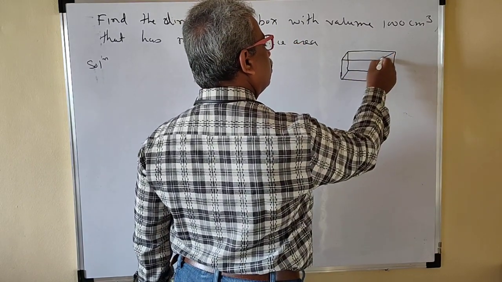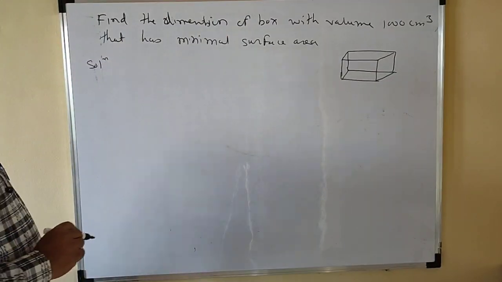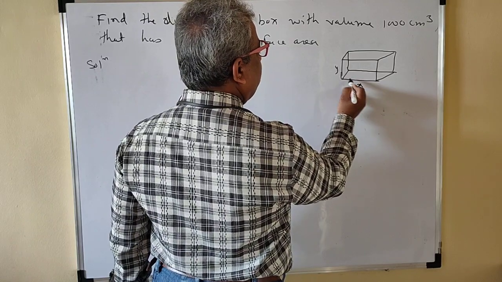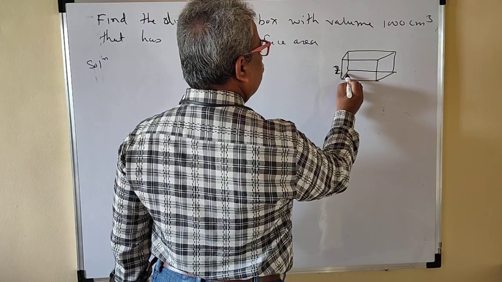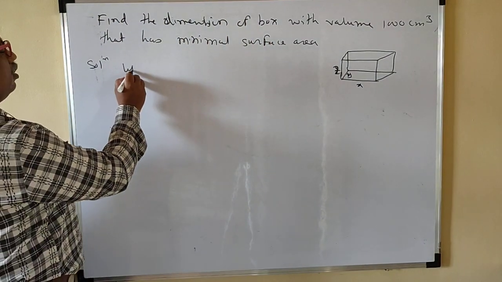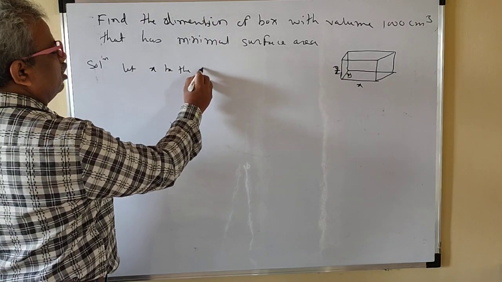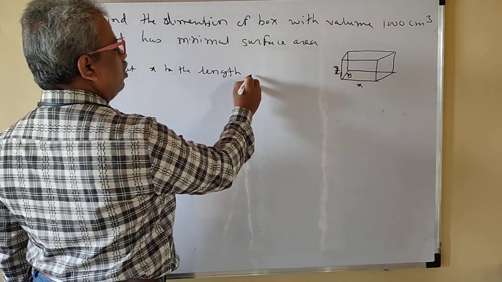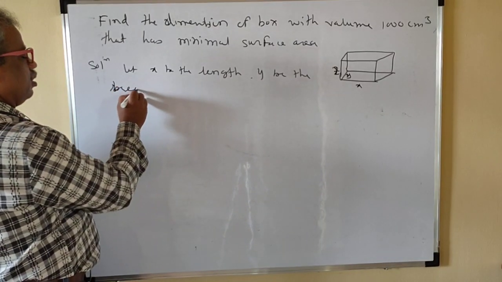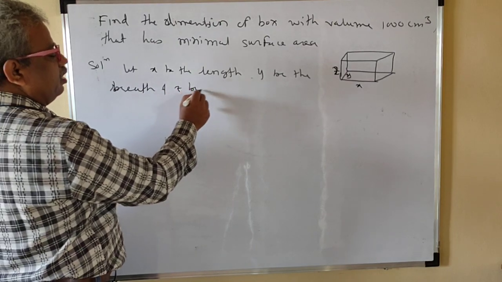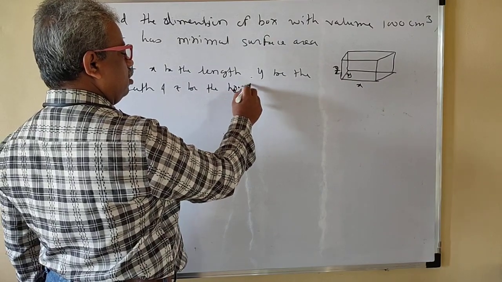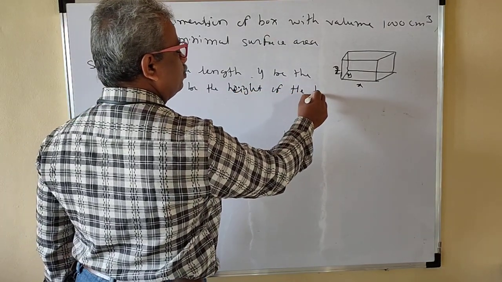We'll say x is the length, y is the breadth, and z is the height of the box.